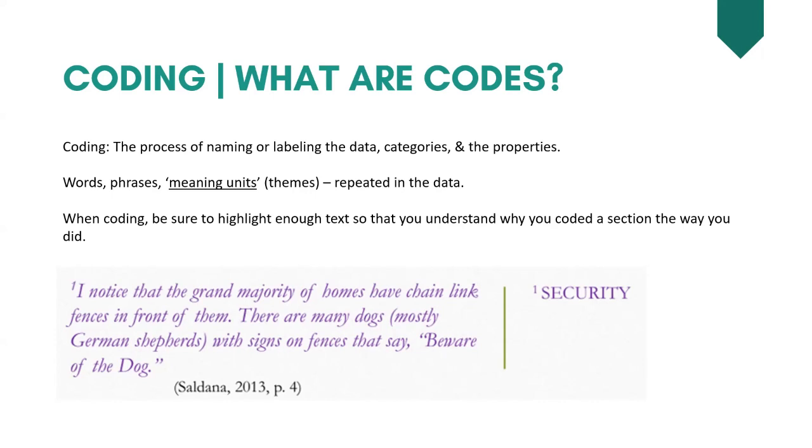And meaning units also relate to themes. You know, what are we specifically talking about? And these are things that are repeated in the data. Now, here's my challenge. With my current project, I'm looking for the things that are not repeated in the data, because I have to make a judgment call on the things that are one-off or very much outlier, unusual things.